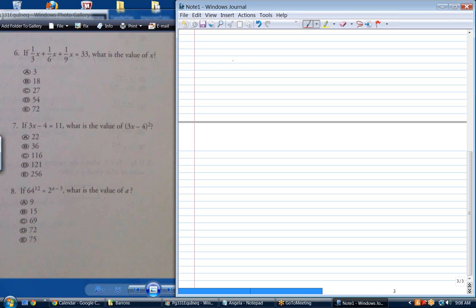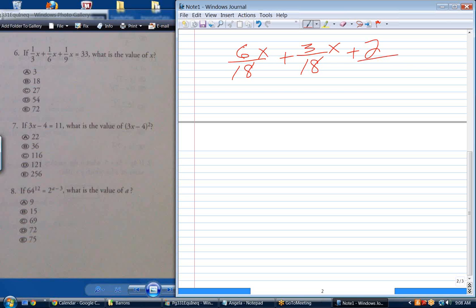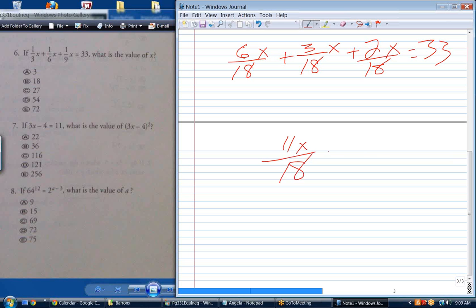Okay, so I've got 6/18 x plus 3/18 x plus 2/18 x equals 33. So that ends up being 11 over 18 x equals 33.